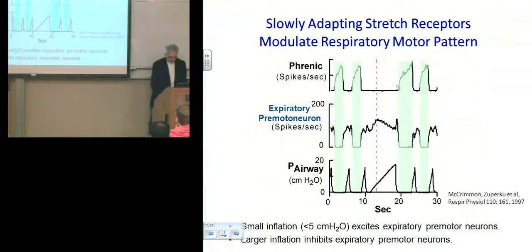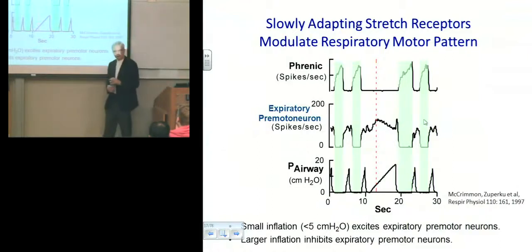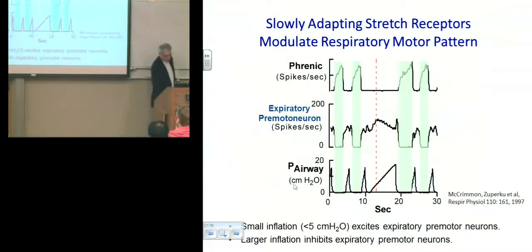Well, first off, I forgot I was going to show you this, a slightly more subtle nature of the pulmonary stretch receptor reflex response. This is actually a dog in this case, using a ventilator to slowly deliver a lung inflation during expiration. And what you find is, if you look at phrenic nerve activity, it's shut off during this inflation.